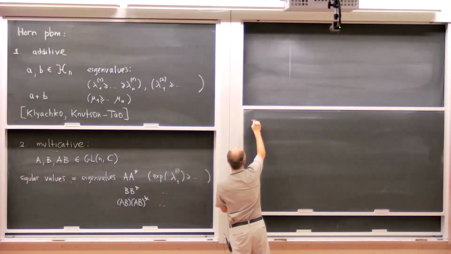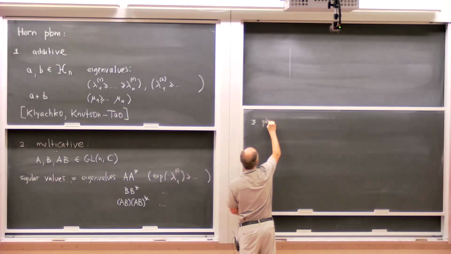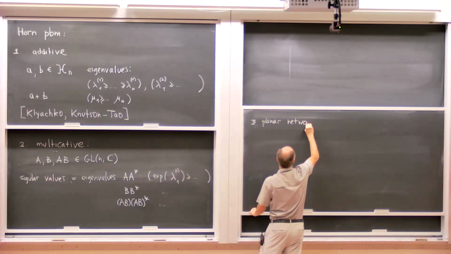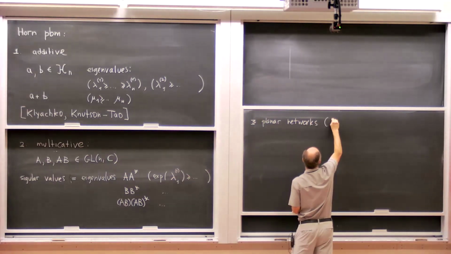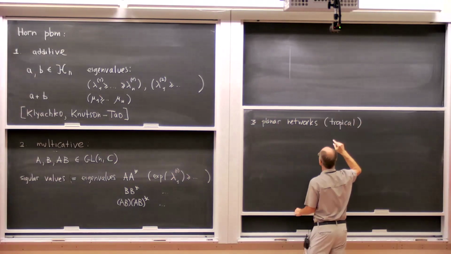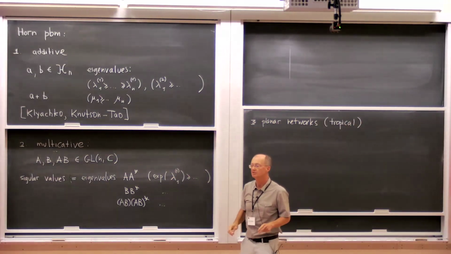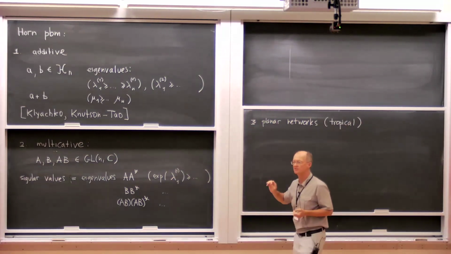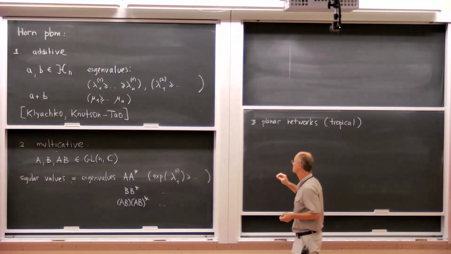So the third version, let me call it planar networks, or sometimes we're going to be using the word tropical, and it will be explained later on. So here it will take perhaps a little bit more time to explain what it is about.